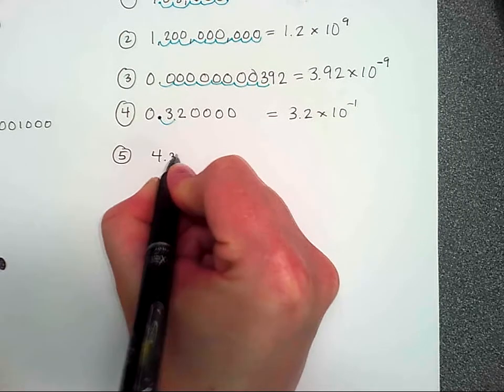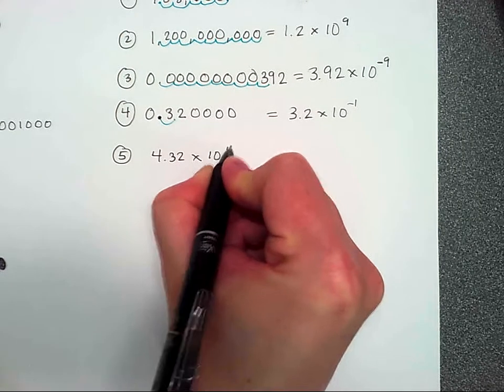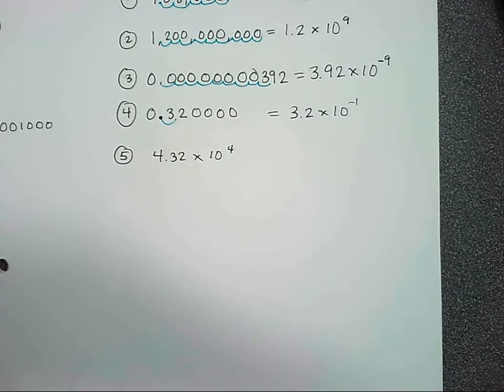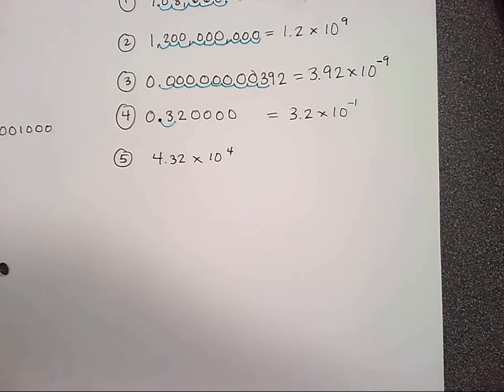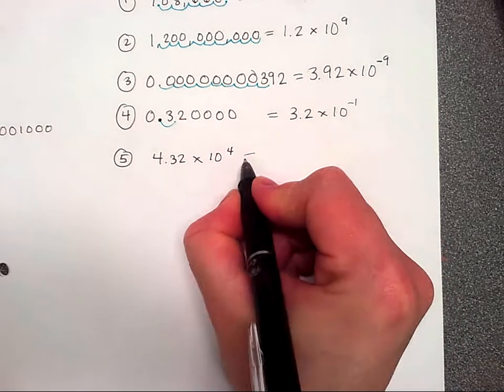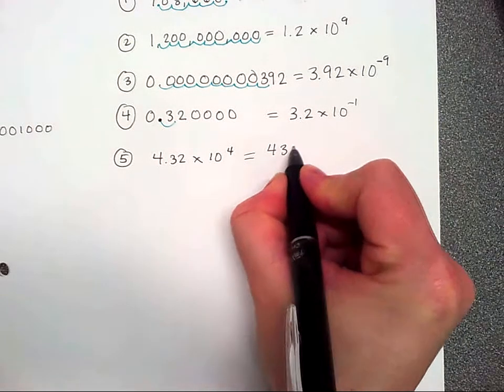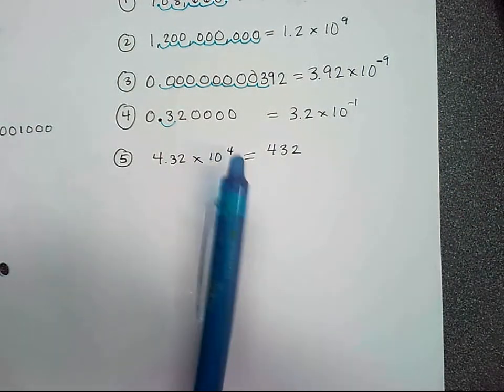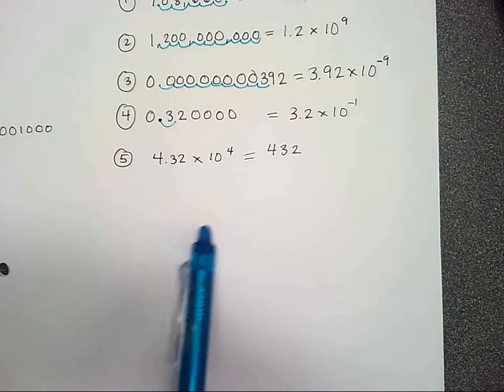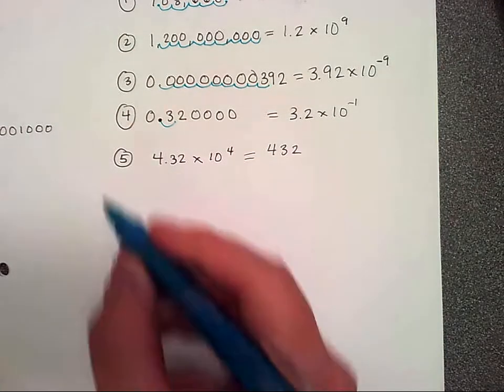I have 4.32 times 10 to the 4th. Everybody write that as a number. The exponent is positive, so I need to move my decimal place to the right.